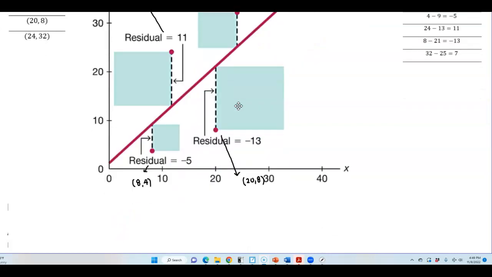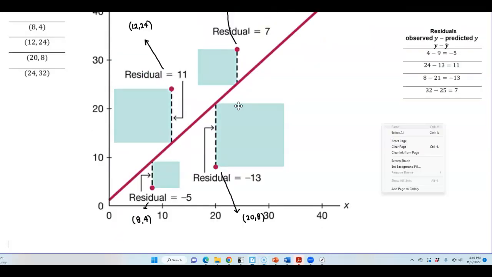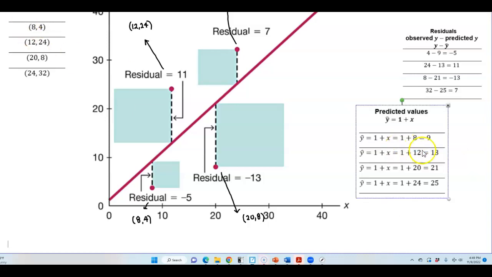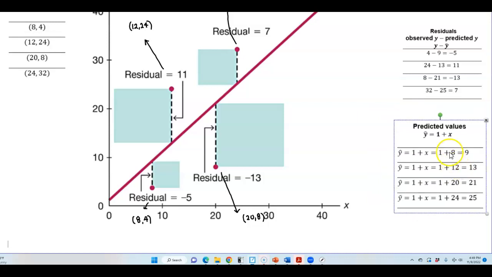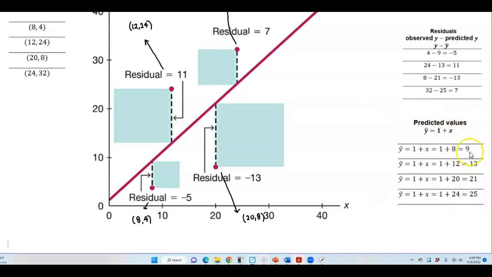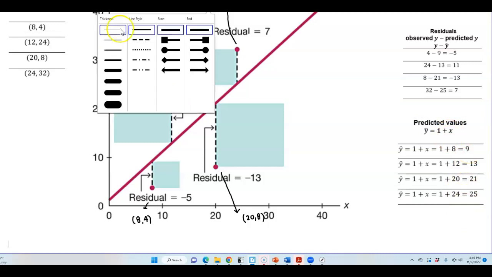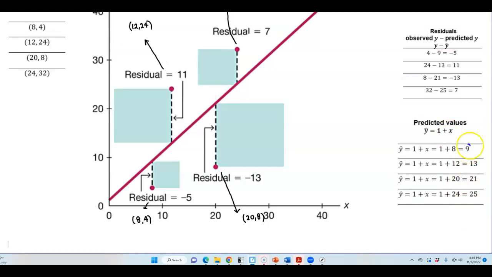So how are we getting these distances? Well, we just saw that. If we wanted to, let's take a look at the predicted y values. For the predicted y values, we have 9. That means that this point is right on the line, and that point represents (8, 9).